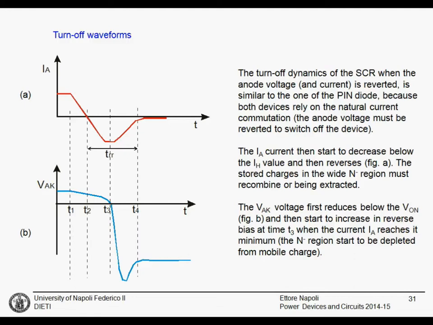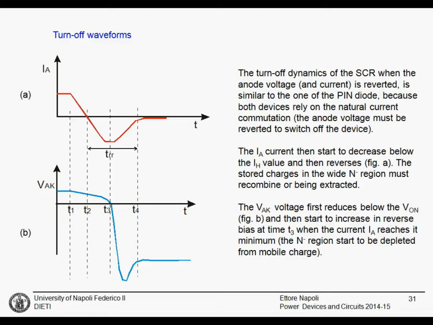The advantage is that when the anode to cathode voltage increases, we know that in this case, since this is positive and this is negative, this junction is forward biased, this junction is forward biased, this is the junction that is reverse biased.